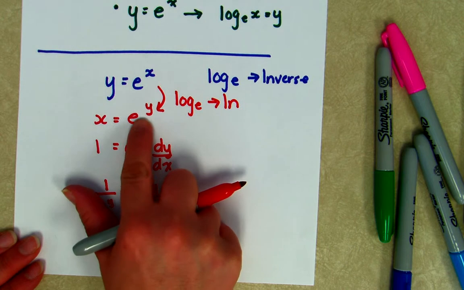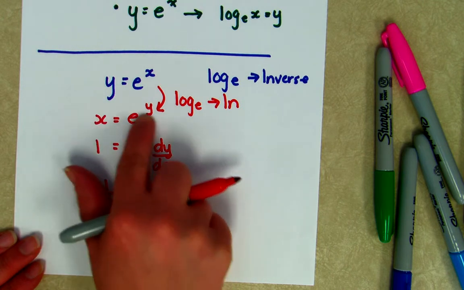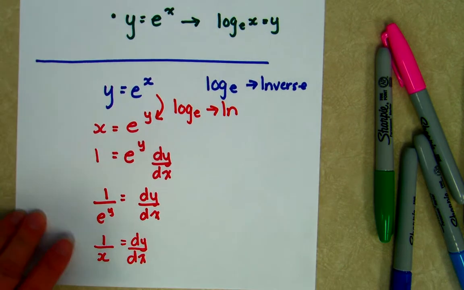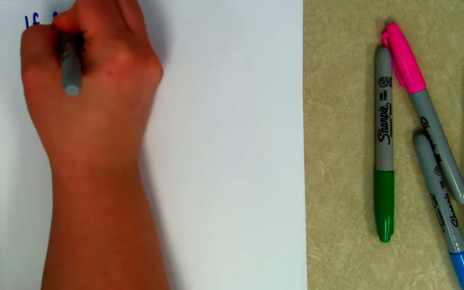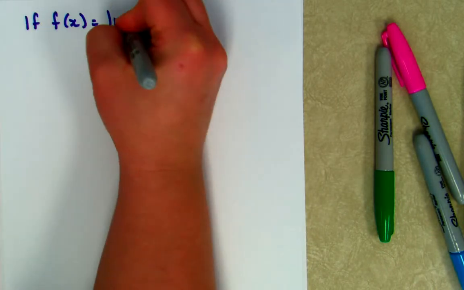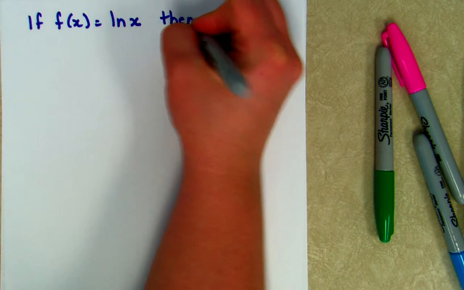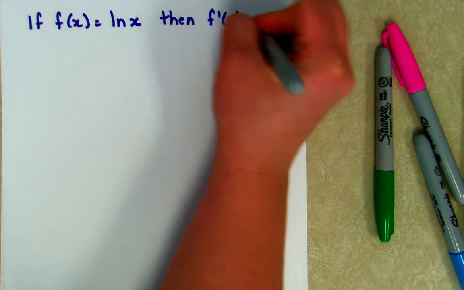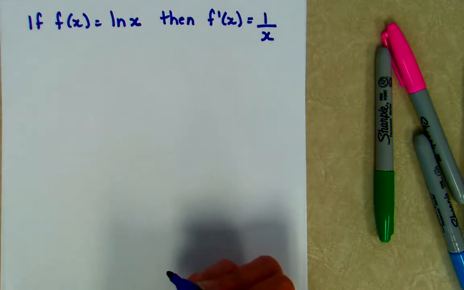Because I did the inverse, this is just another way of working with ln. So in general, if f(x) equals ln x, then f'(x) is 1 over x.